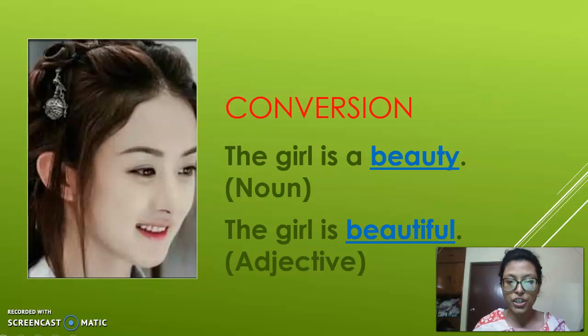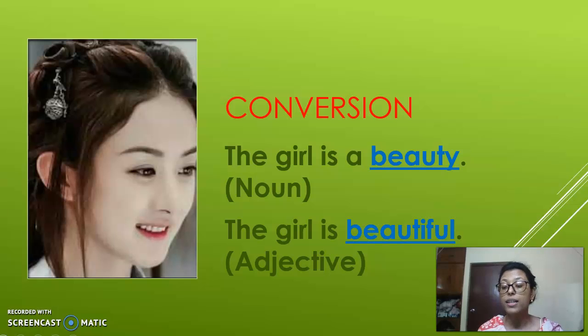It's a conversion exercise, okay? We can see a beautiful picture of a girl, right? So the girl is a beauty. Now let us first see what is a noun in this sentence. The girl is also a noun. Along with that, beauty is also a noun. And we need to change this word beauty into an adjective.